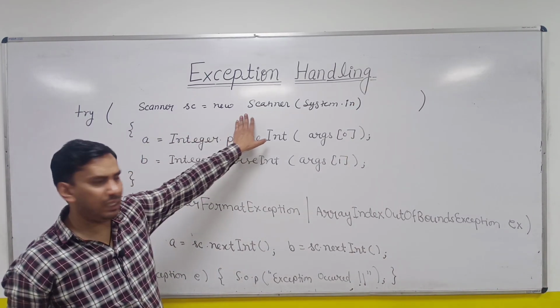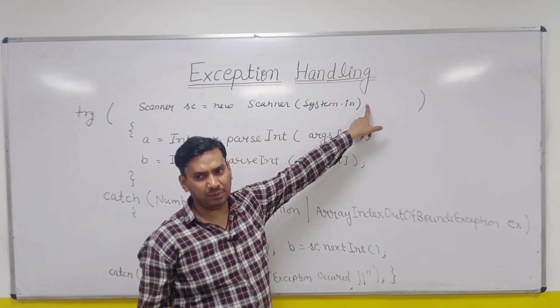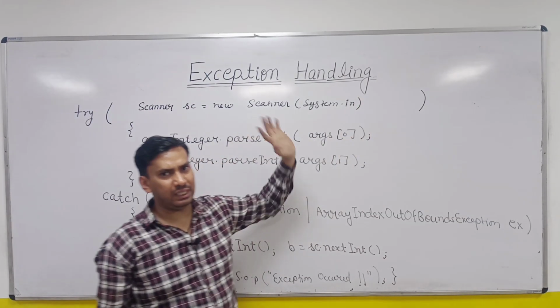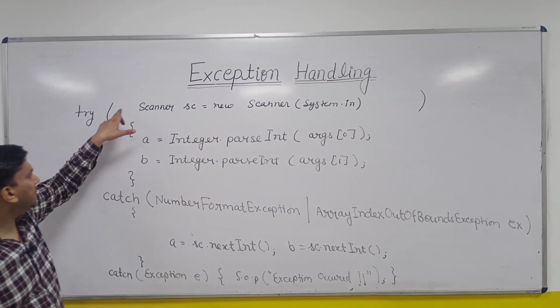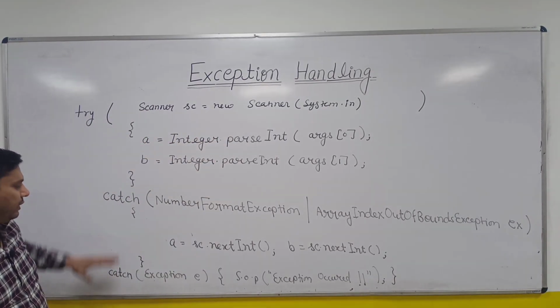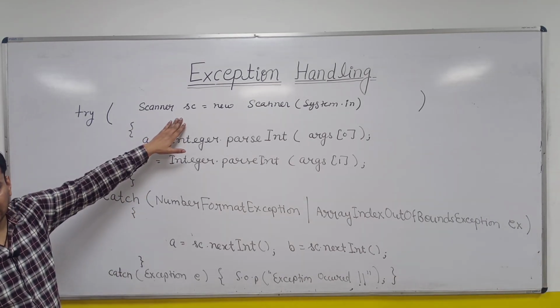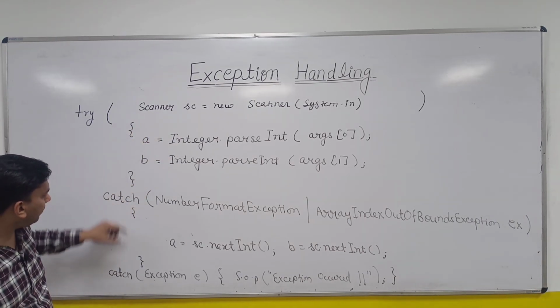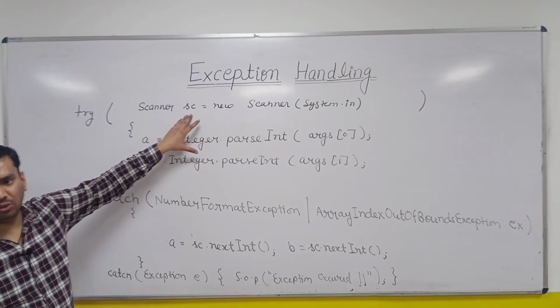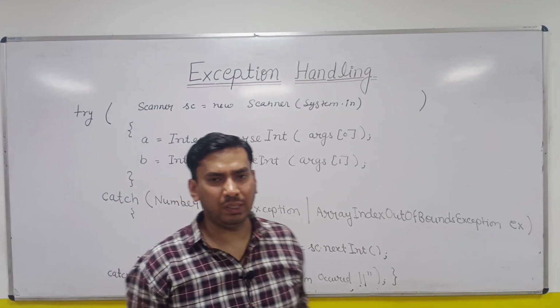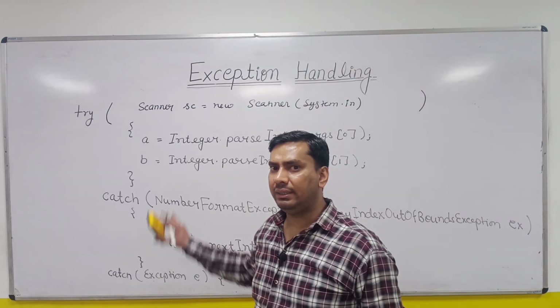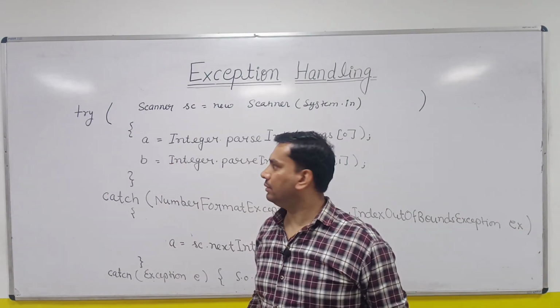I need not write a semicolon here. One resource I have created, right? So what is the benefit of the try with resource statement? I need not write a finally block to close it. As soon as this try block completes, this scanner object will be automatically closed, right? This is the benefit of the try with resource statement.